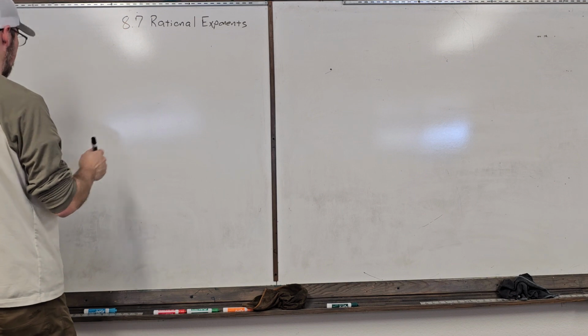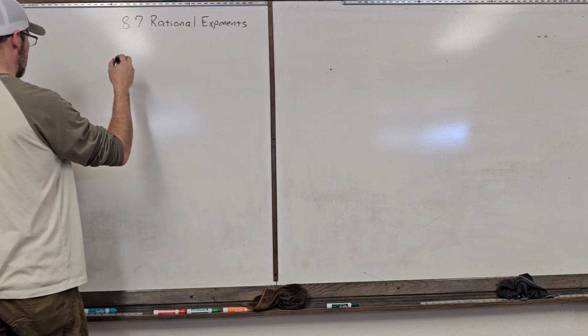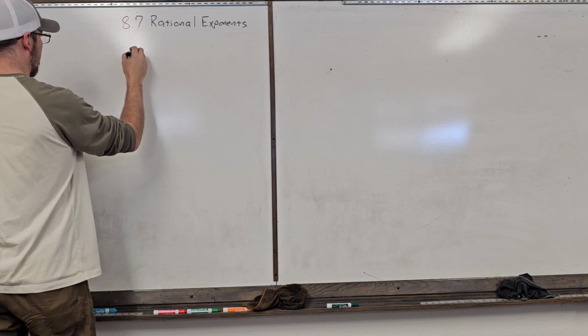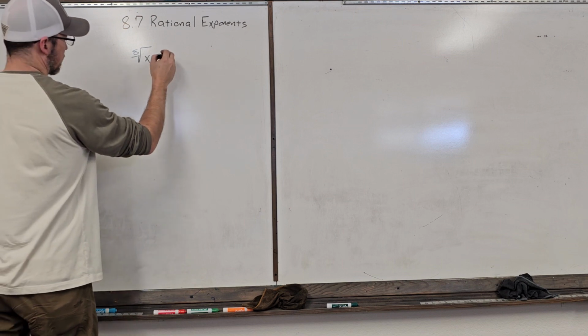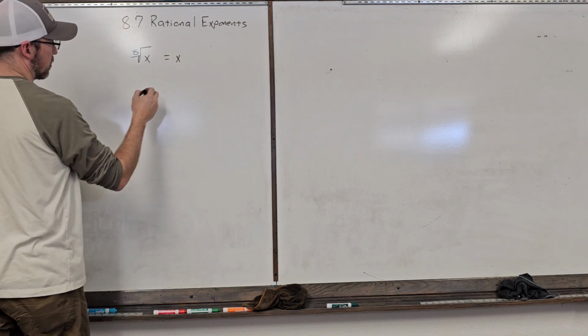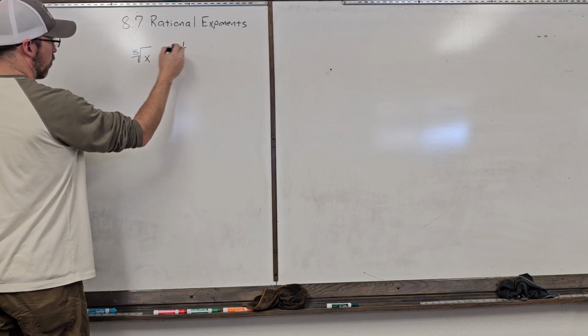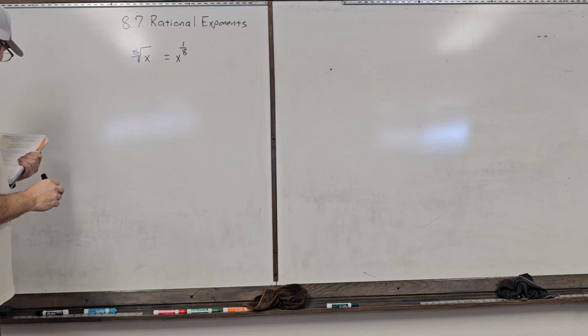Let's just change it to exponential form first. If I have the 8th root of x, and I want to rewrite that as a rational exponent, x is my base, and there's an understood 1 over 8. Same thing we did a second ago.